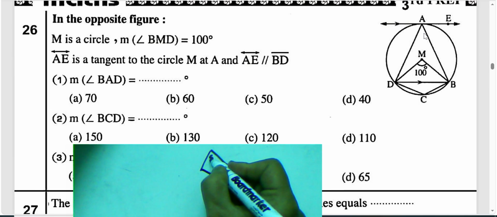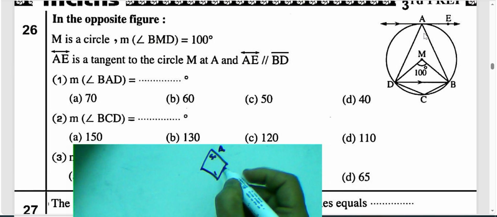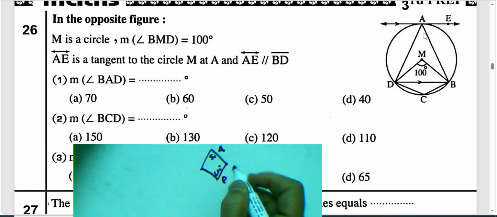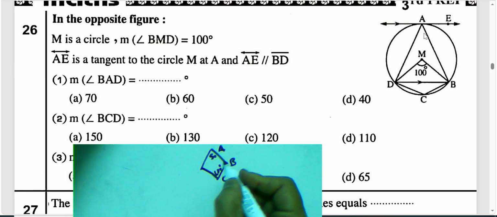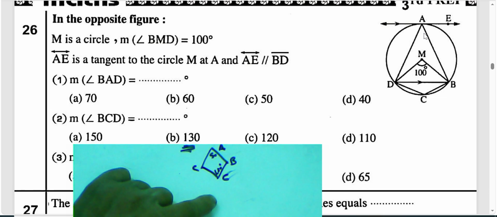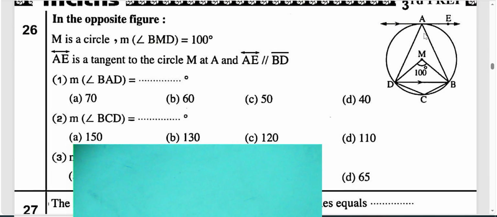The measure of angle A is 50, then the measure of angle C will be 130 degrees, because A and C are supplementary in cyclic quadrilateral ABCD. Choose 130 because A plus C equals 180. We call these supplementary angles.